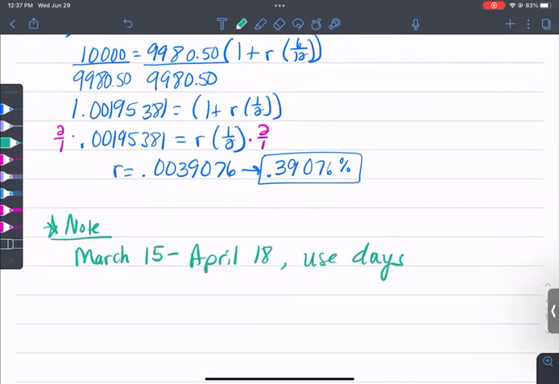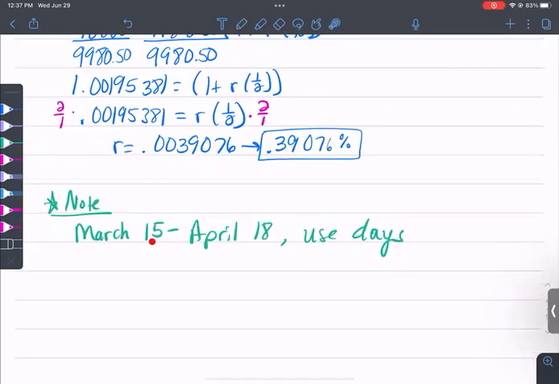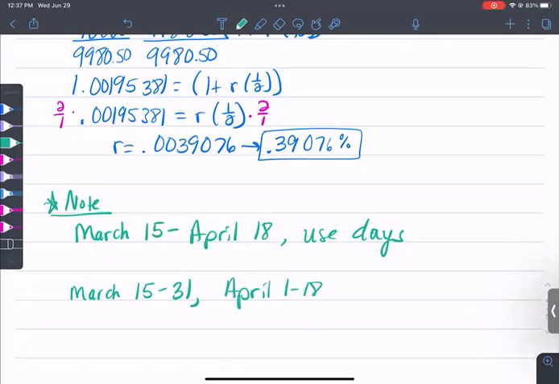The rest have 31. So you would consider March as having 31 days. So you would go from March 15th to 31st, and then April 1st to 18th, and count the number of days to do a calculation if you're given a time frame such as this. And I believe this is on problem number 3 in your assignment.